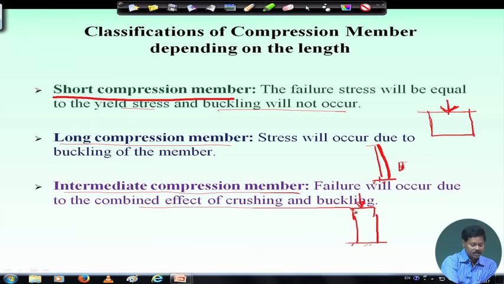Another is due to its length: it will buckle something like this. So, buckling stress will come into picture as well as crushing stress. Both effects we have to consider to find out the failure strength of the member, and in most cases the compression member acts as an intermediate compression member.